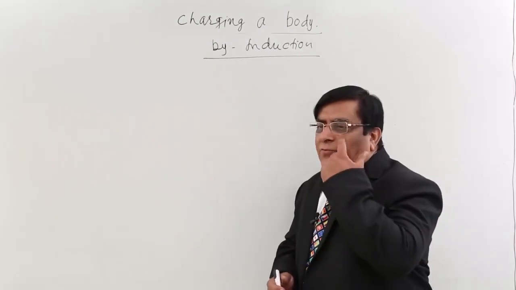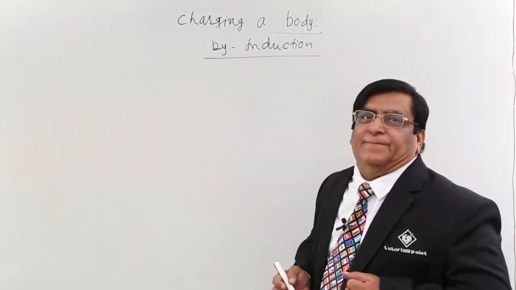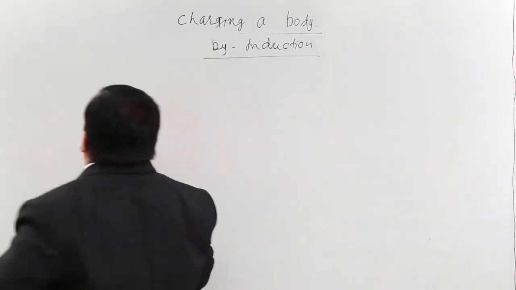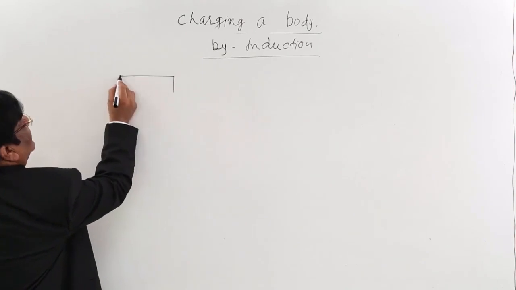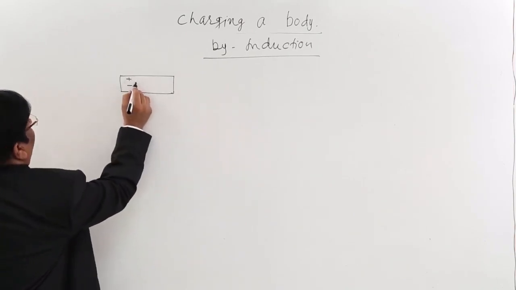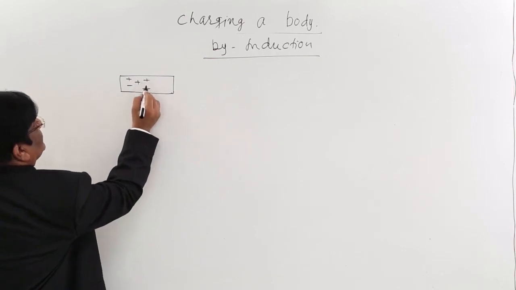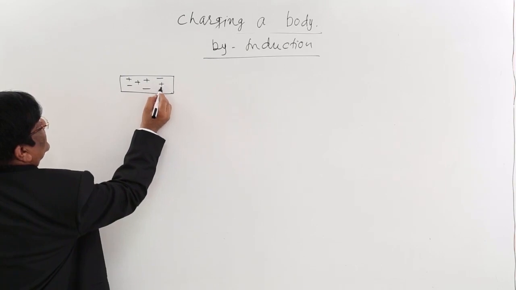Now we will study how we can charge a body by using the process of induction. Suppose we have a conductor, and this conductor is having no net charge. When we say no net charge, I need not repeat that it is having a lot of charges, but the net charge is 0.